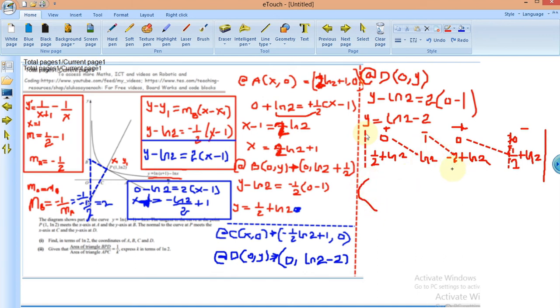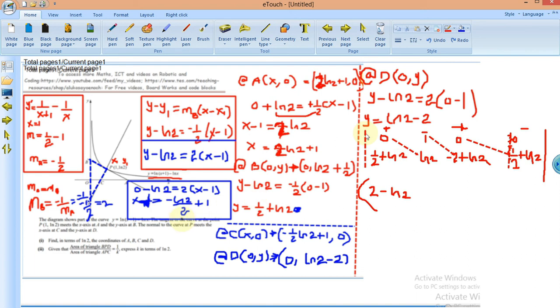That's what we have there. 2, because sorry, this is negative. Okay, so this is negative, so minus, so this is 2 minus ln 2. Hope that is clear. Because b is half plus ln 2. So b is half plus ln 2.